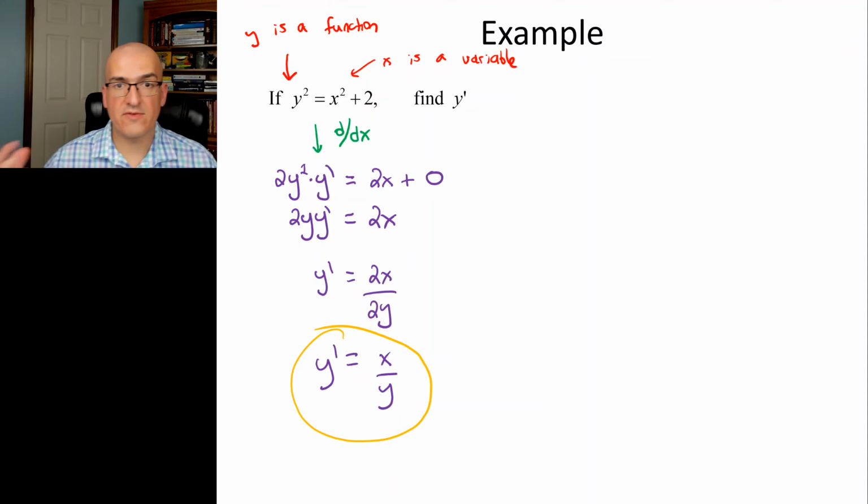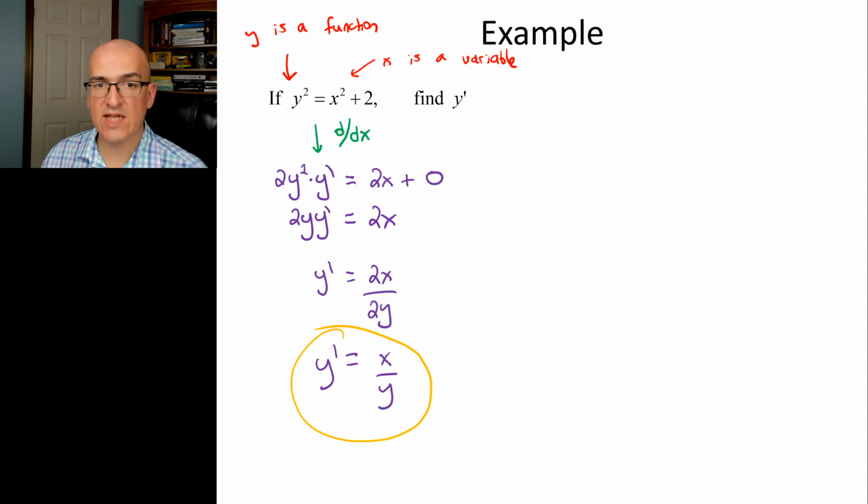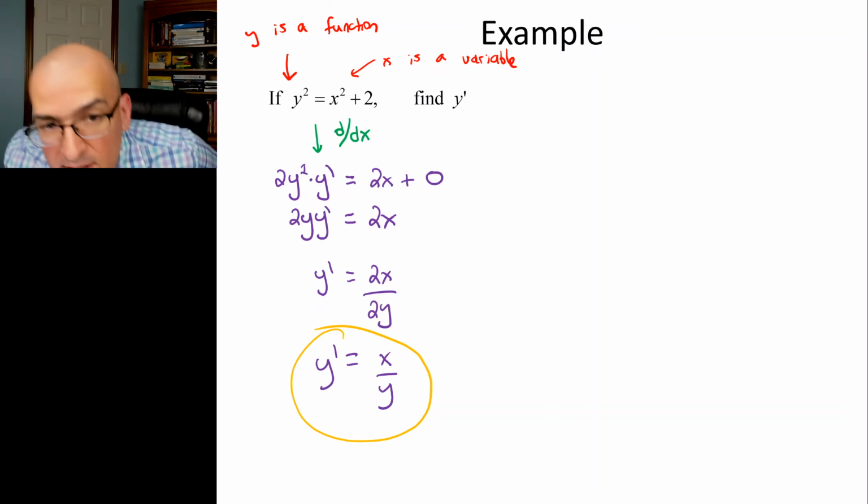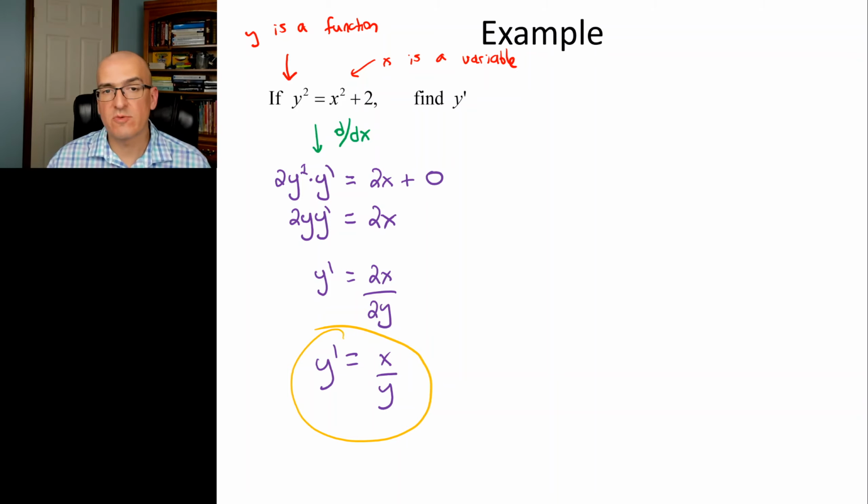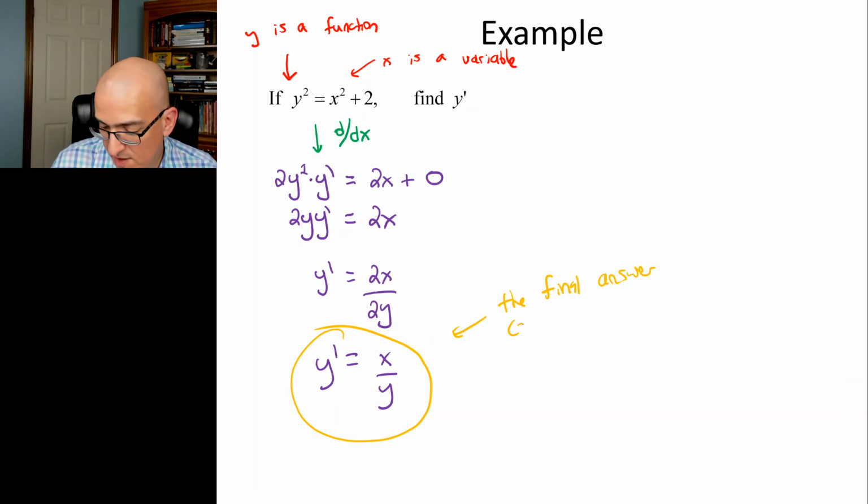Normally, either this example or one of the next examples, a hand would go up and someone would ask, do I need to get my final answer completely in terms of x? And the answer is no. The final answer can be in terms of x and y.